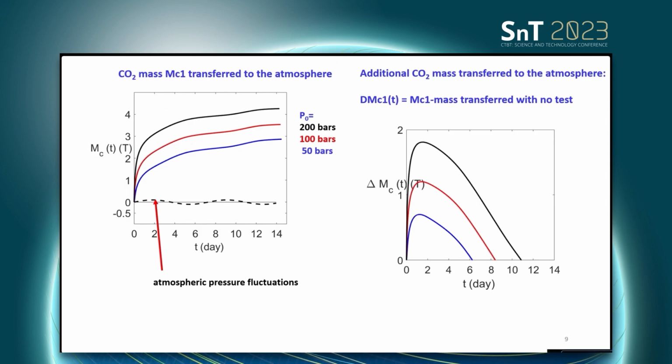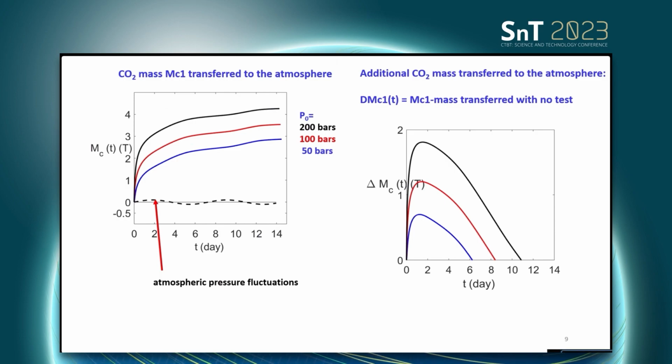Now, additional CO2, which is transferred to the atmosphere. What is important is the difference between what is due to the test and what is usually transferred to the atmosphere. So we subtract one from the other and get this result.